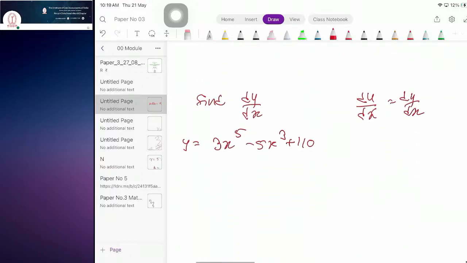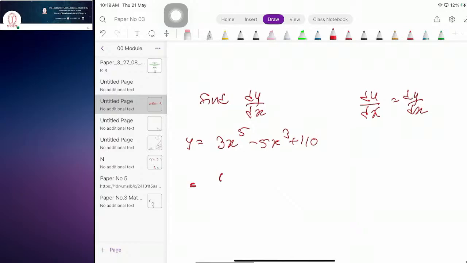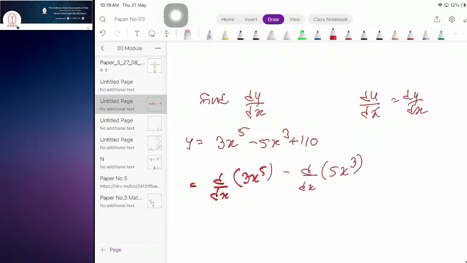So y is equal to 3x raised to 5, we can write this as d upon dx of 3x raised to 5 minus d upon dx of 5x cube plus d upon dx of 110. Separately we have to find out the differentiation with respect to x.